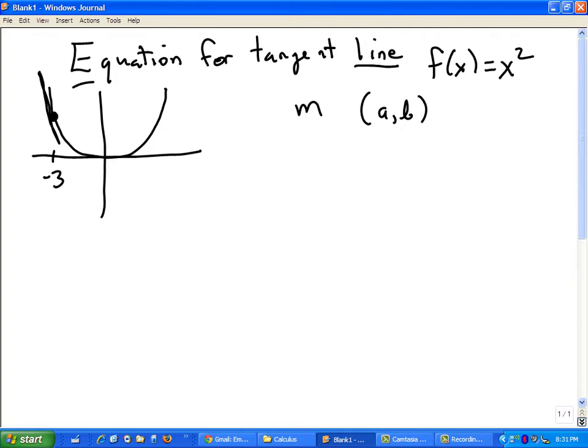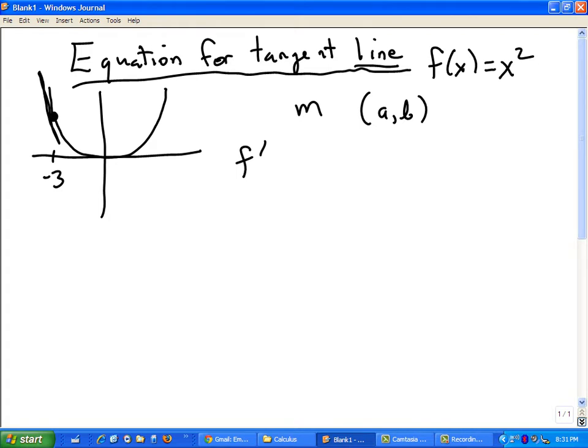So that's the plan, and this is going to be very important. This task, find the equation of a tangent line, we're going to do many times. This is one of the most important skills that you have to master. So for this particular problem, what do we have to do? Well, we have to calculate the derivative, because the derivative, f prime, is the slope of the tangent line. It is the instantaneous rate of change.